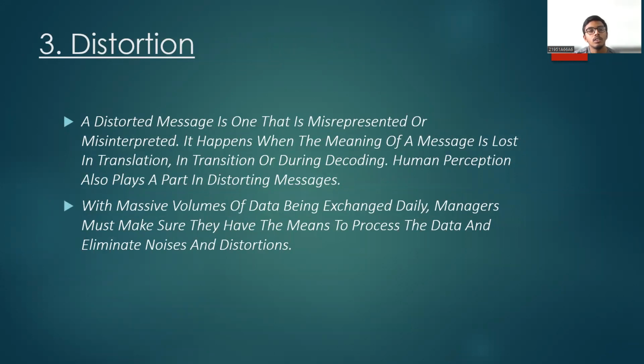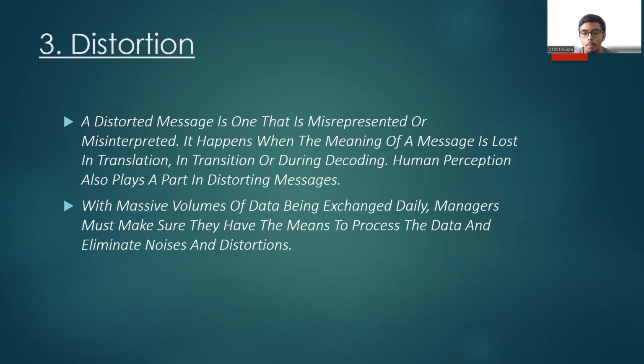Next one, the third one, is distortion. A distorted message is one that is misrepresented or misinterpreted. It happens when the meaning of a message is lost in translation, in transition, or during decoding.